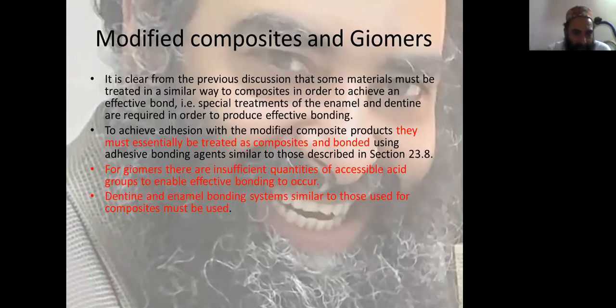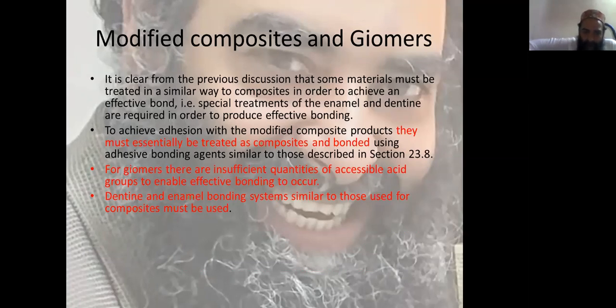To achieve adhesion with the modified composite products, they must essentially be treated as composites and bonded using adhesive bonding agents similar to those described in section 23.8.